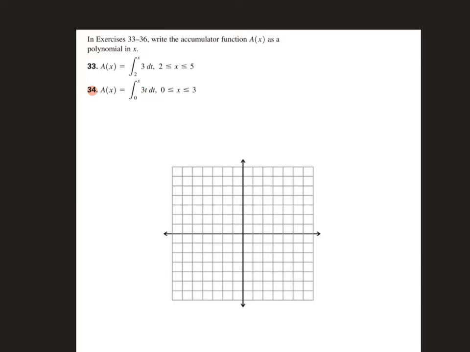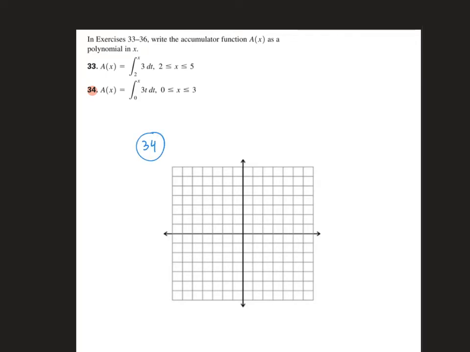You'll always want these to be different, and you'll want the limit to be in terms of x, since the area function is in terms of x. The integration variable can be anything, it doesn't matter. Again, we'll see why later. Okay, so 34.